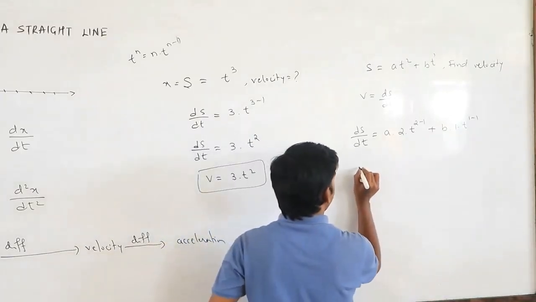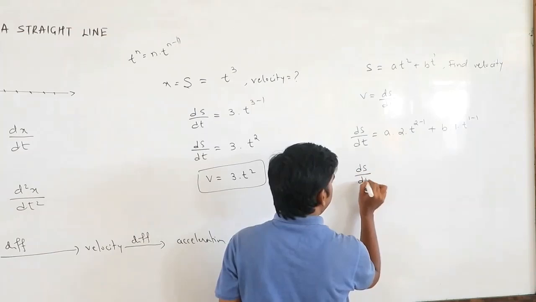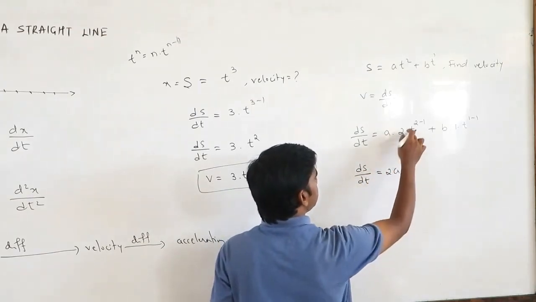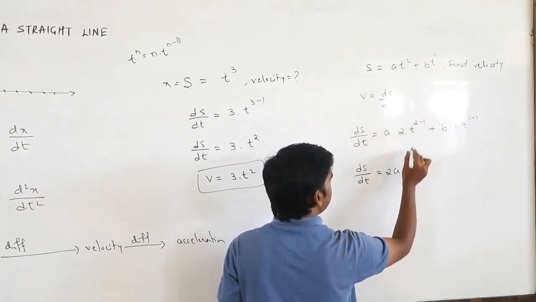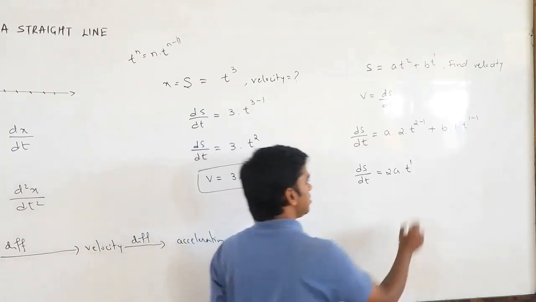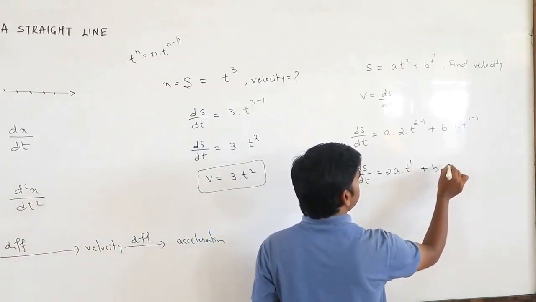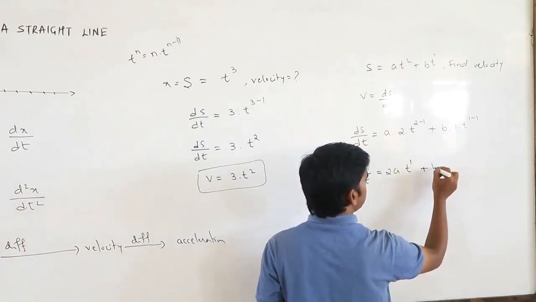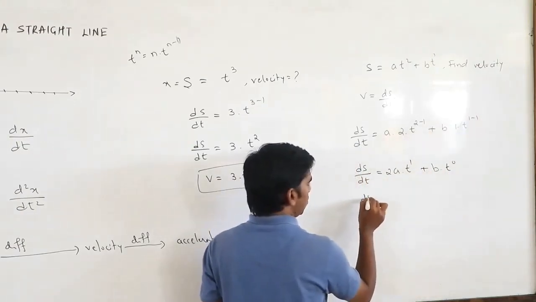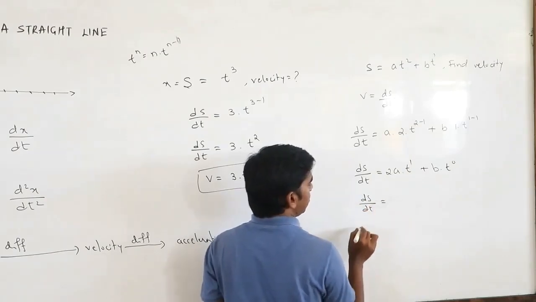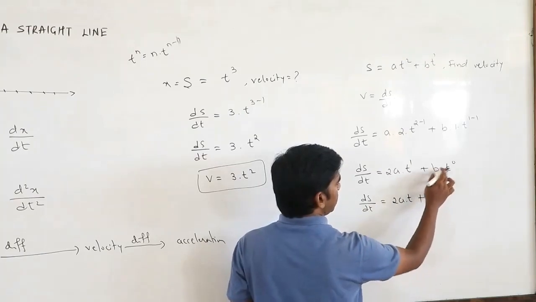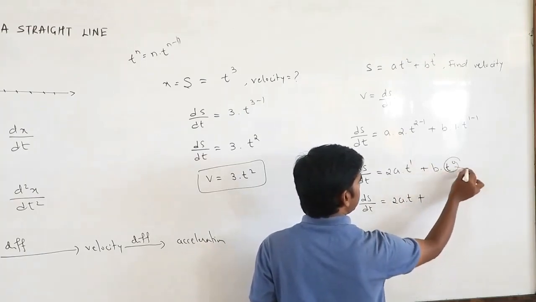So ds by dt equals 2a, and t raised to 2 minus 1 is t raised to 1. Plus b into 1, right as it is. t raised to 1 minus 1 is t raised to 0, which is 1.